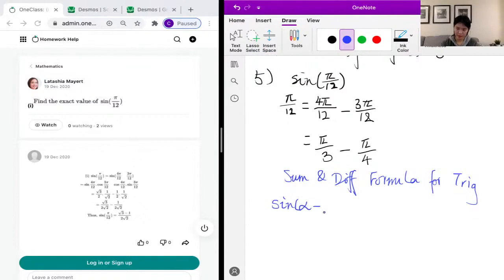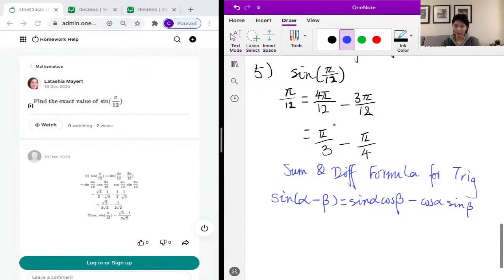By the sum and difference formula, the sine of a minus b, where a is an angle and b is also an angle, is equal to sin a cos b minus cos a sin b.